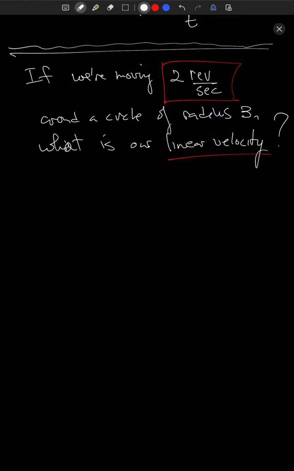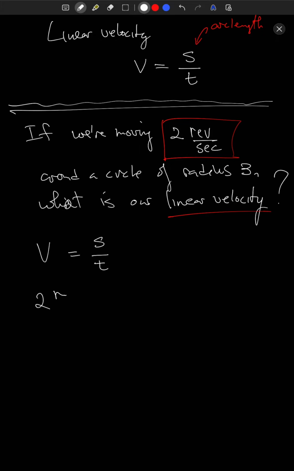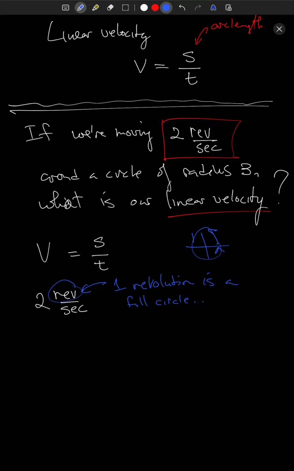All right, so how do we do this? Well, linear velocity is arc length over time. Let's convert. We're moving 2 revolutions per second. 1 revolution is a full circle, right? And if we've traveled a full circle, we've moved the entire circumference of the circle.